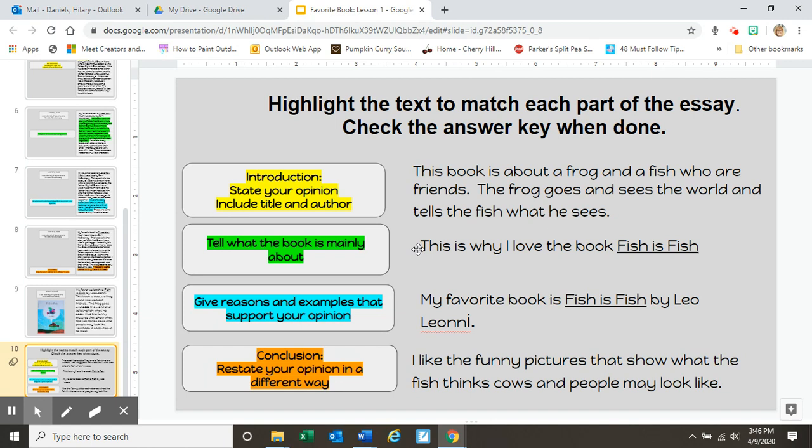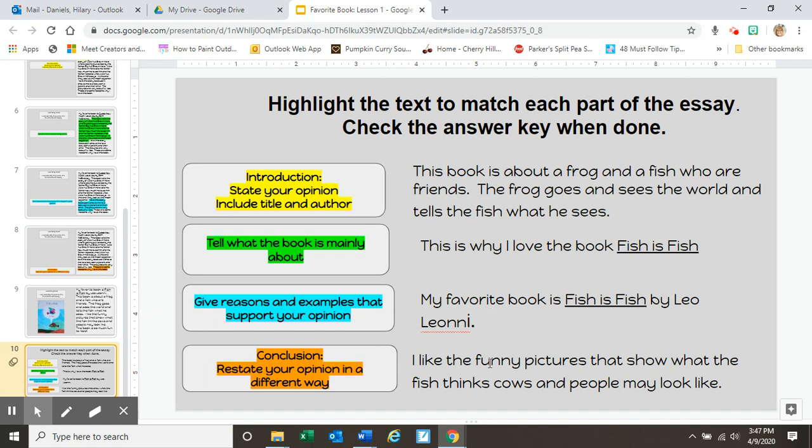No, that's not the introduction. My favorite book is Fish is Fish by Leo Lionni. That sounds like it could be the introduction because I see the title of the book and the author's name written here, and it's stating the person's opinion. Let me check the last one to make sure this is really the intro.